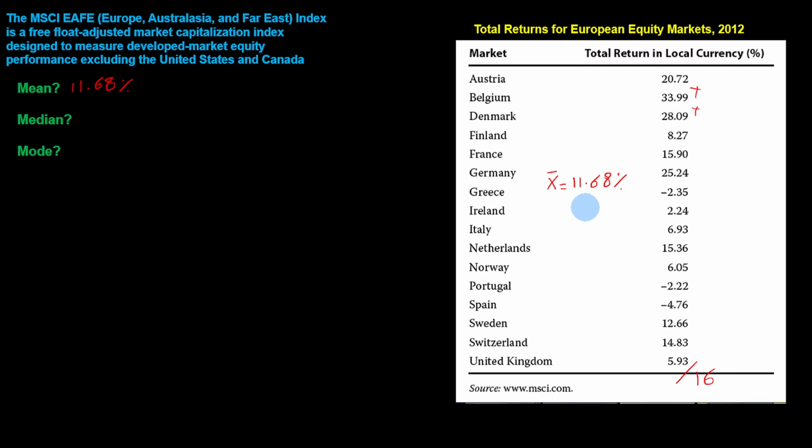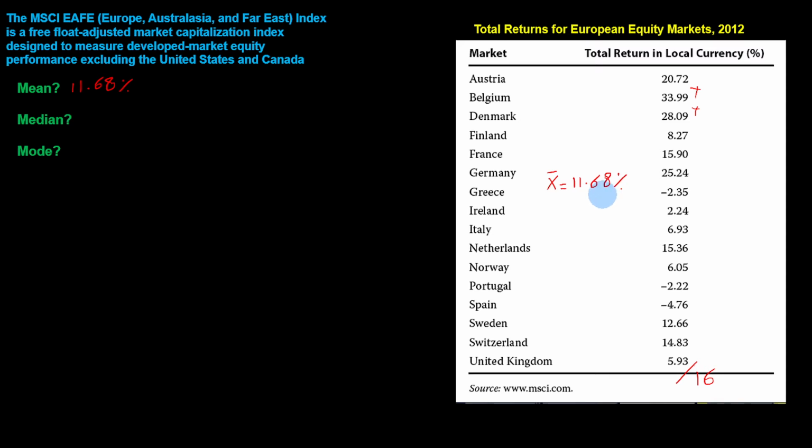Now the mean provides a good summary of our data, and we can use the sample mean as a measure of the typical outcome for a distribution. That means if you were to invest in the European market index, you would expect to have a return close to the mean, right?